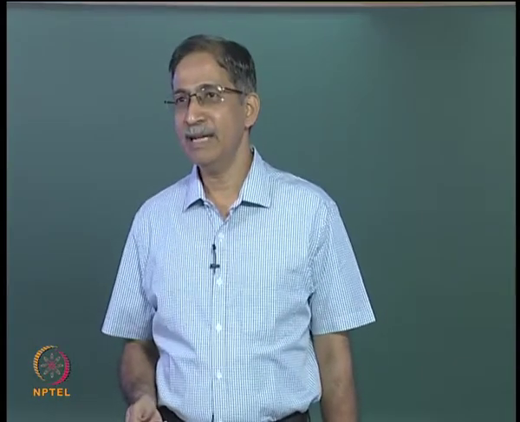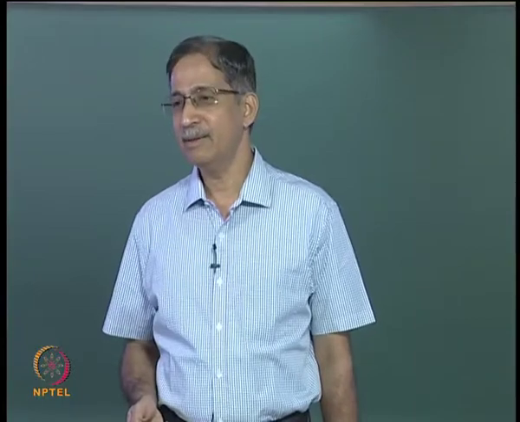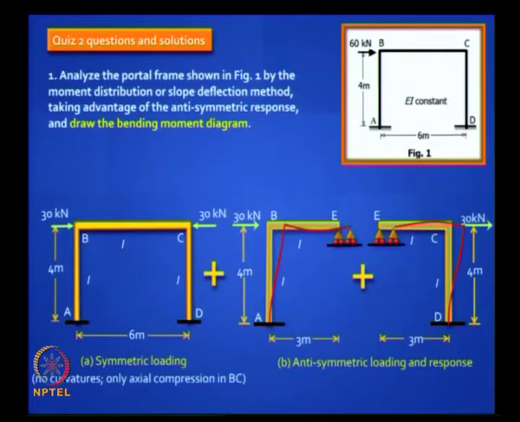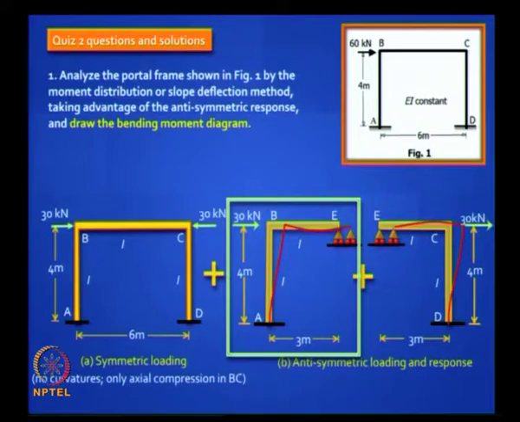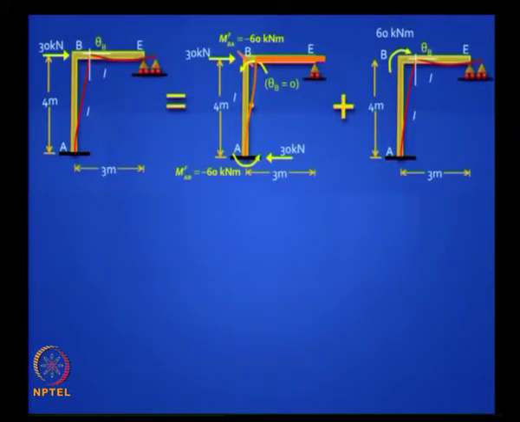You remember we've done this earlier. You can reduce the problem to a superposition of symmetric and anti-symmetric components. You need to analyze only one part of it, because the other part does not give you any curvatures.